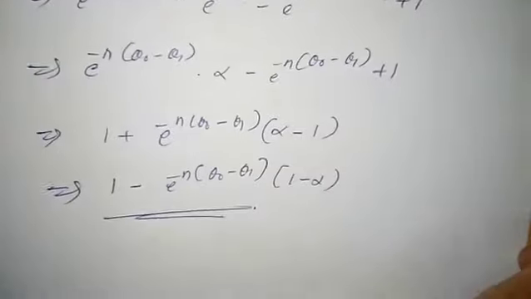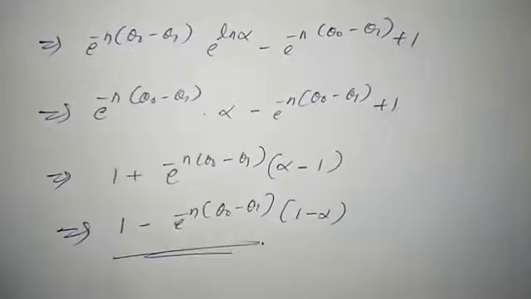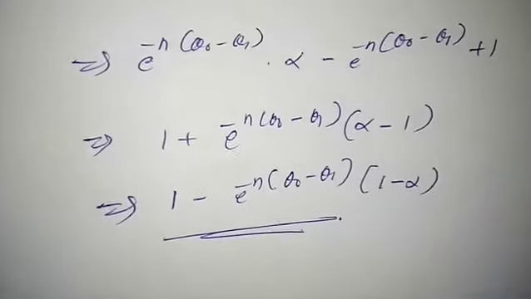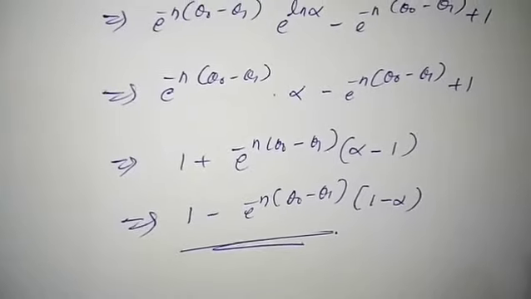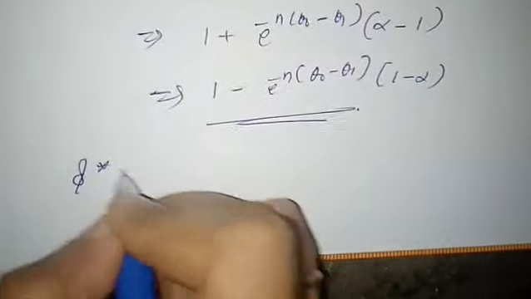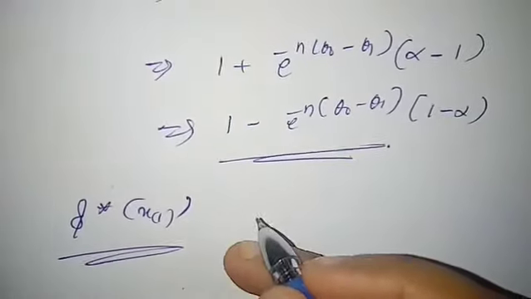So this is the power of the test. This is for the first test function, phi of x1. Similarly, you have to find the size and power and k star value and beta star value in the case of phi star of x1. This is your homework: size and power of the test.